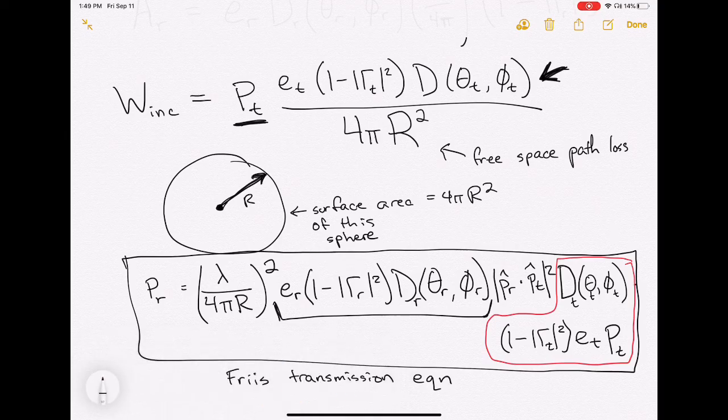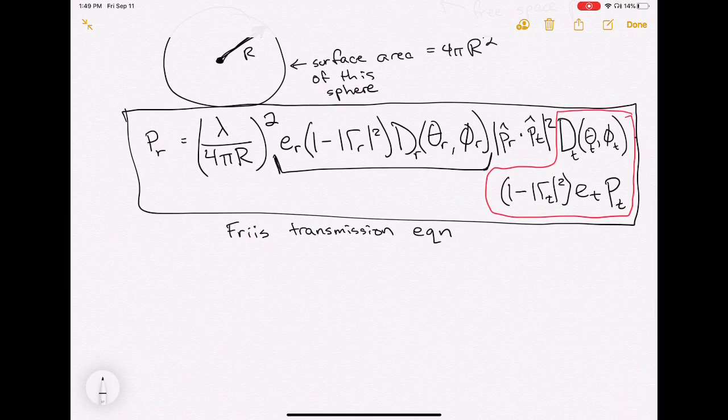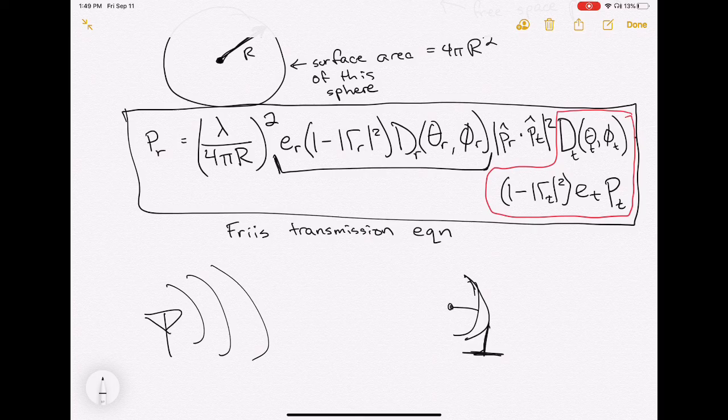But that is the Friis transmission equation with all of its parts. And that is written for the situation where you have one antenna over here, and maybe another antenna over here. I'm going to make it a dish. We don't do enough dishes in this class. There we go. And maybe my transmit antenna is transmitting and my receive antenna is receiving in a line of sight kind of way. This describes a lot of communications links.